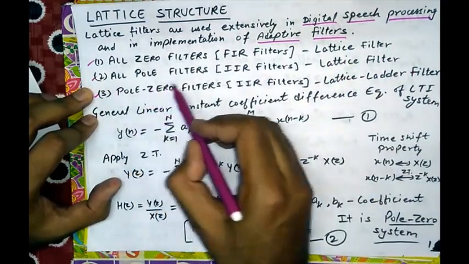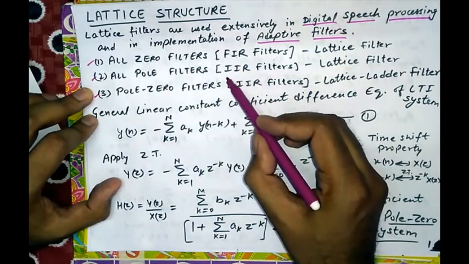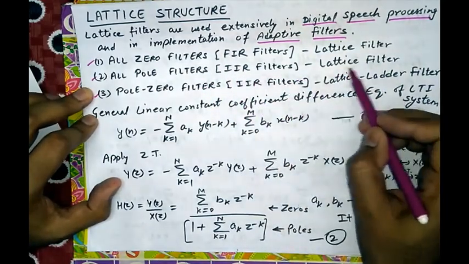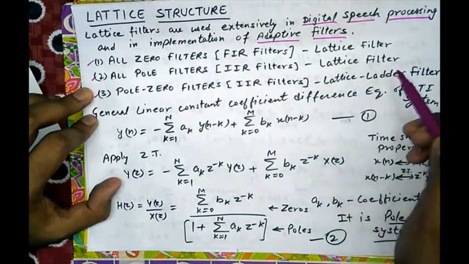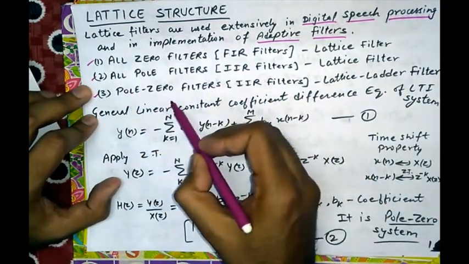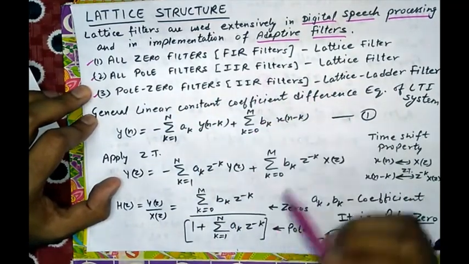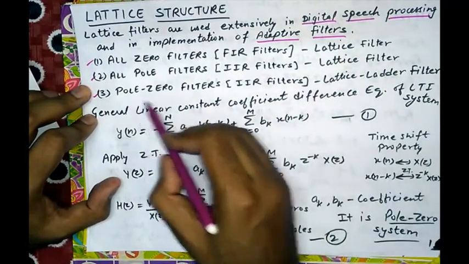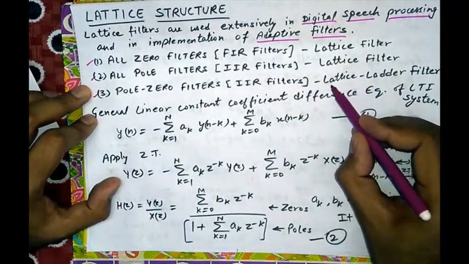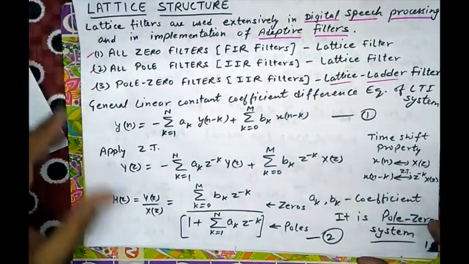Second case is the all pole filter, which is known as IIR filter. It is also known as lattice filter. Third is the pole zero filter, where we have both poles and zeros in the transfer function, and it is also known as IIR filter. For this structure, we will study lattice and ladder structure, which we'll study in later videos.